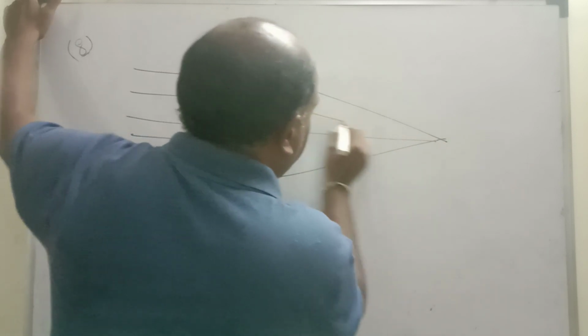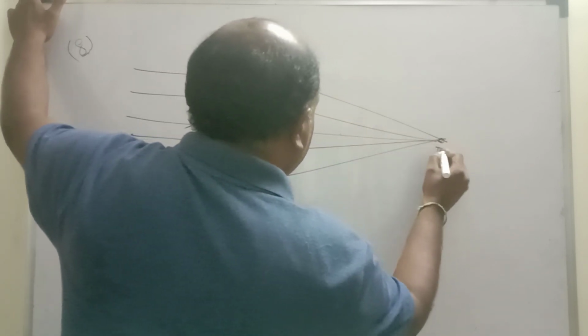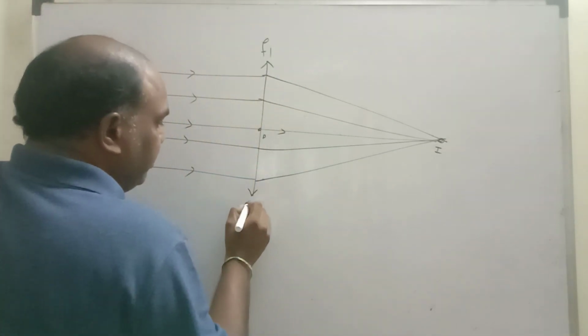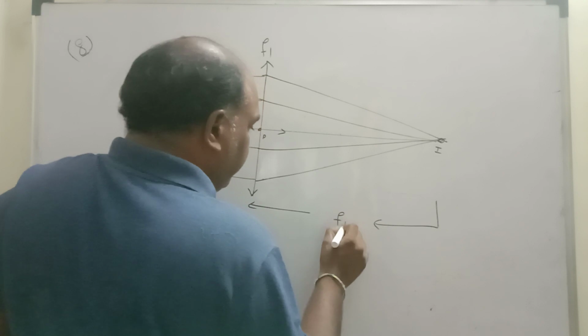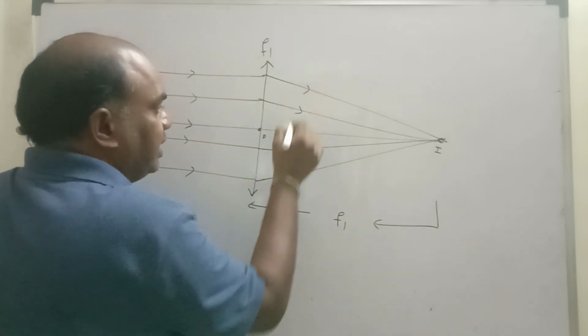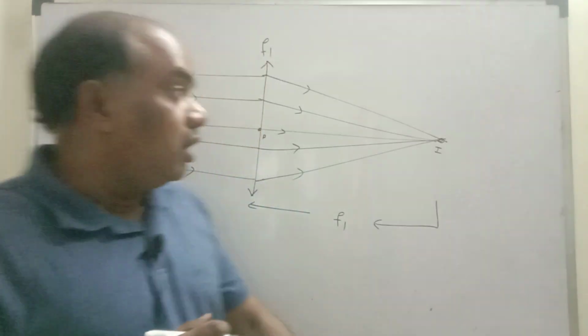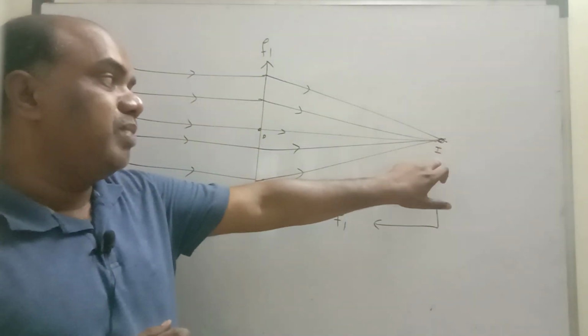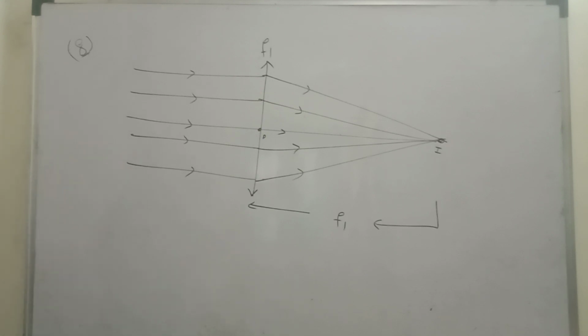Let this be the principal focus. This is the image. The distance from the lens to the image is nothing but the focal length, f1. These are all refracted rays. All parallel incident rays converge and meet at the principal focus. Let this focus be I1.